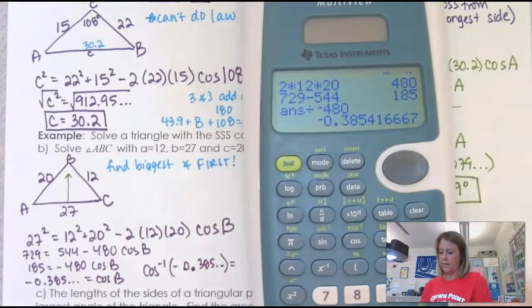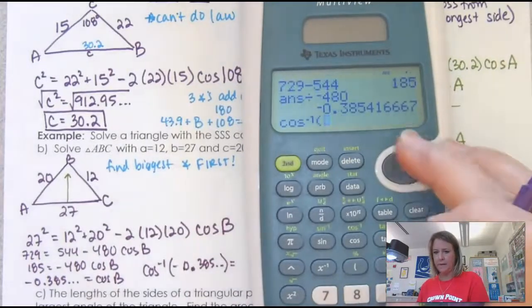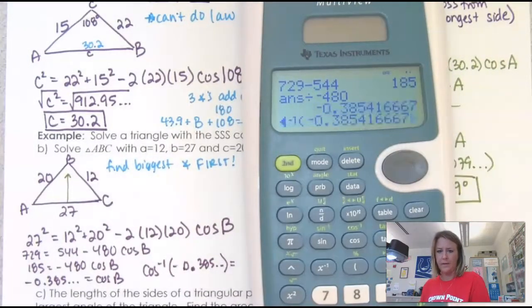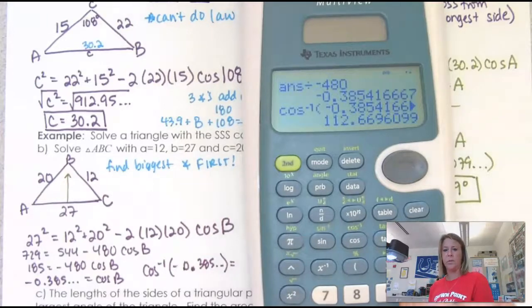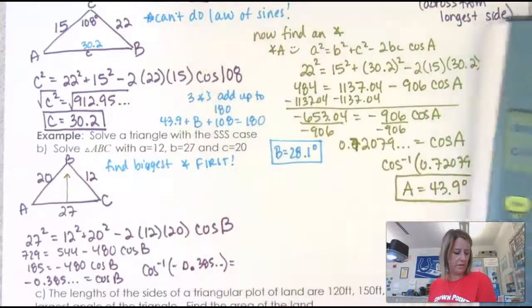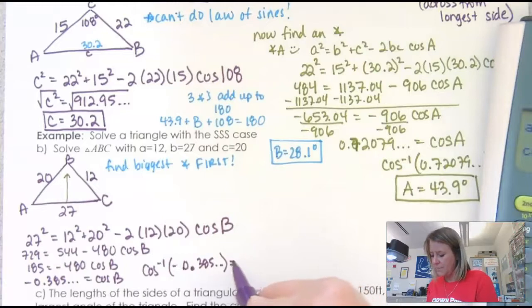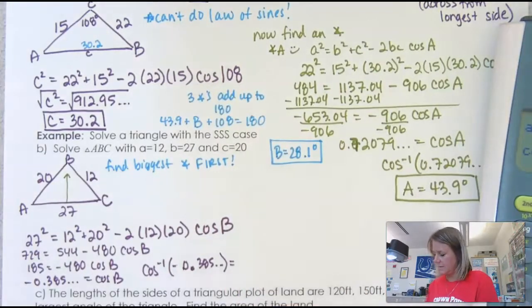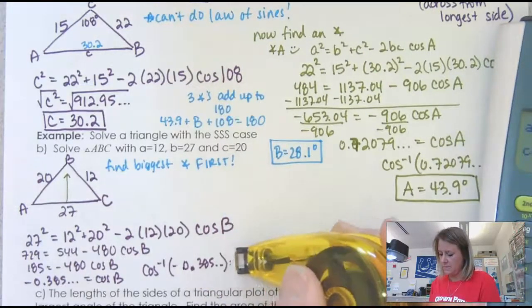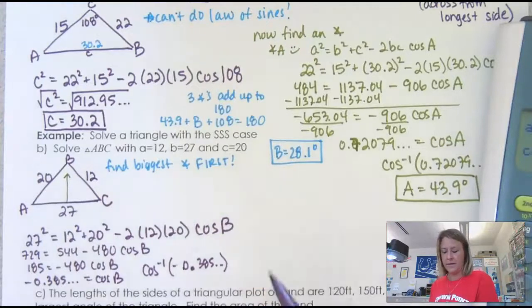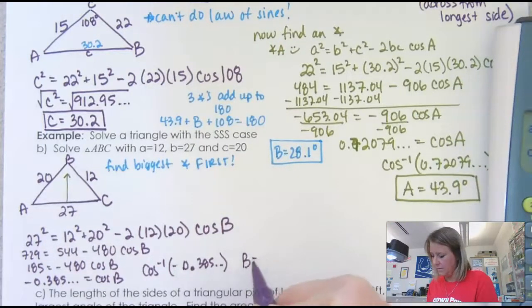Still have that number on the calculator, so I'm going to do second cosine. I'm going to go back up and highlight that, enter, and that gives me 112.7 degrees. So angle B is 112.7 degrees.